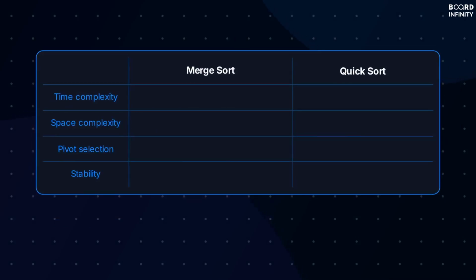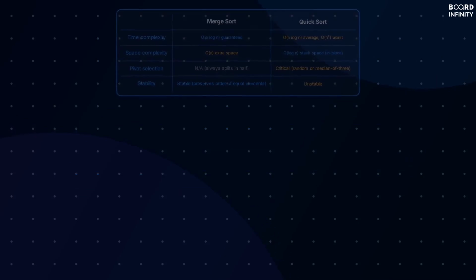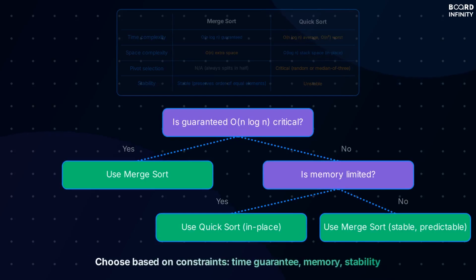Merge sort guarantees O of n log n time complexity, but uses more memory with O of n extra space. Quicksort is faster in practice and uses less memory, typically O of log n stack space, but can degrade to O of n squared with bad pivots. The choice between merge sort and quicksort depends entirely on your specific constraints and priorities.